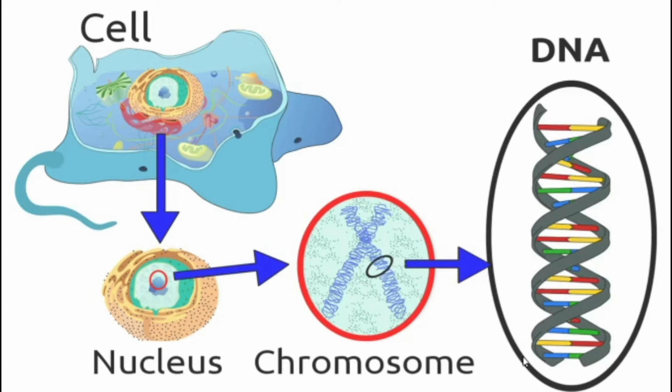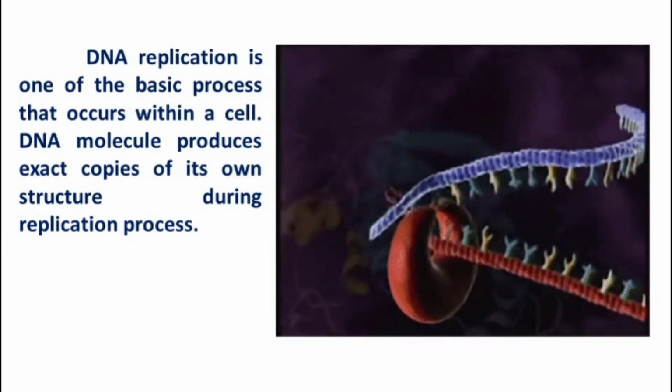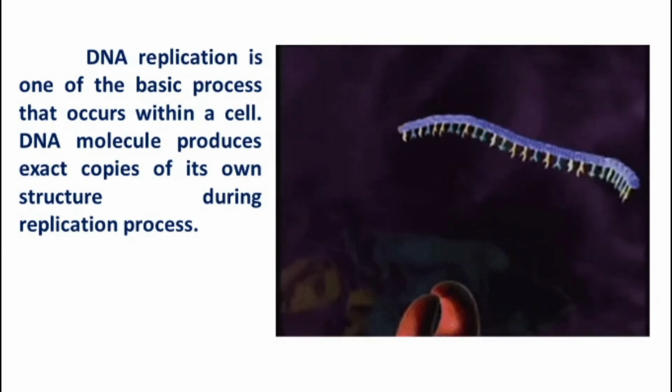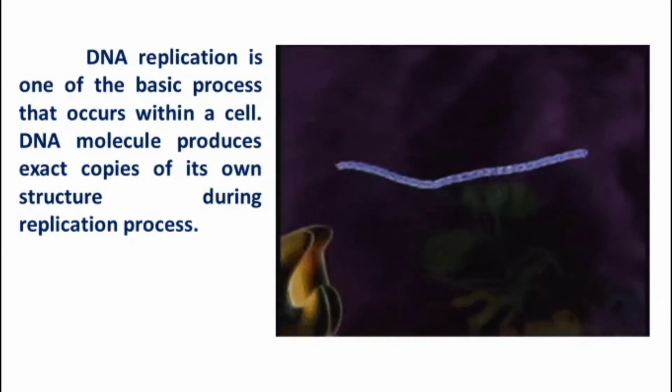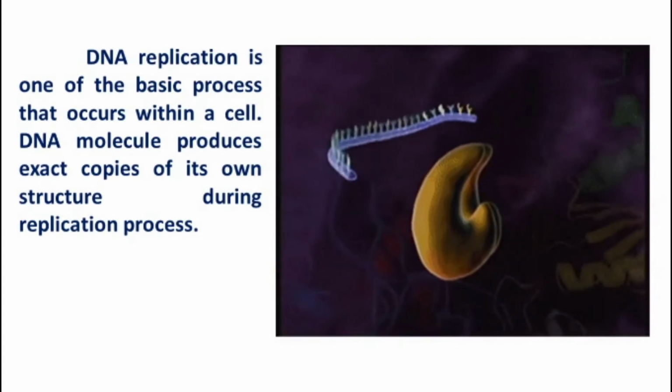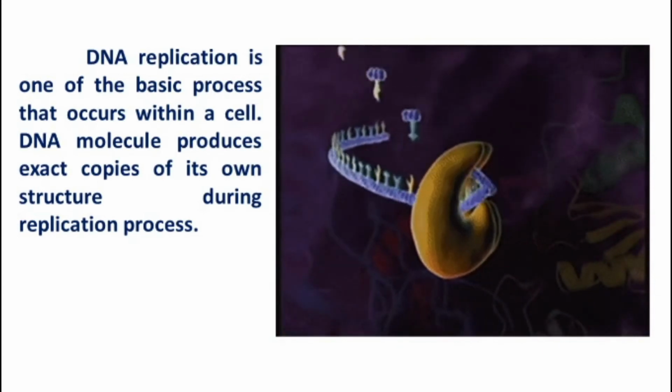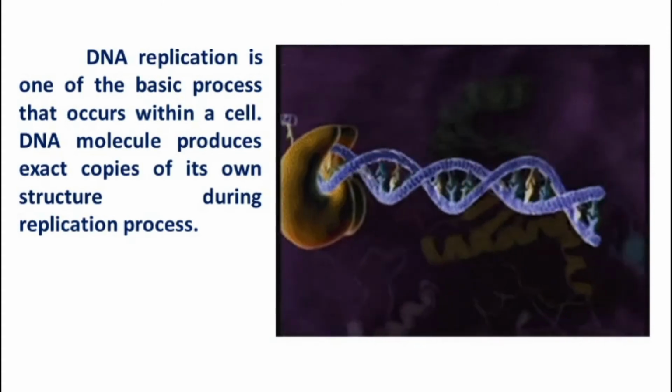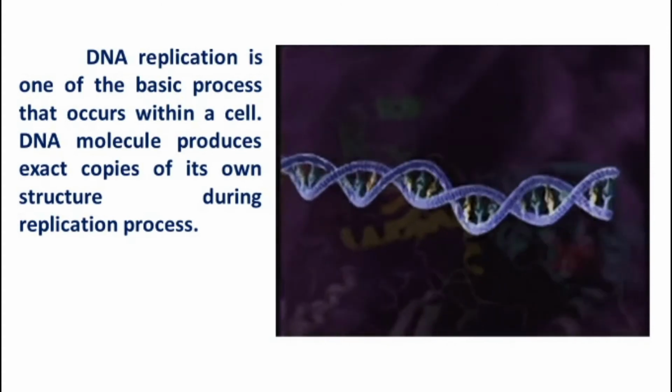The DNA acts as the genetic material. It only transmits the characters from one generation to another. Based on that, the entire activity of an organism is determined. DNA molecule produces exact copies of its own structure during the replication process, because usually the DNA consists of two strands.